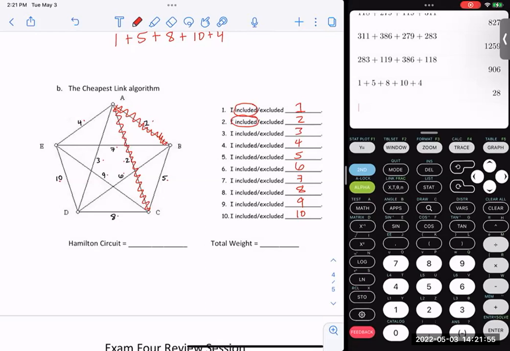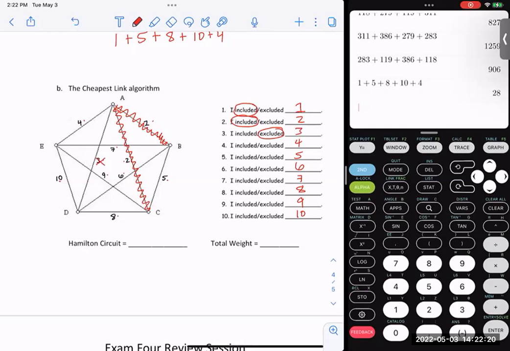All right, so then can I include 3? The same restrictions apply. You can include it as long as you don't create a circuit or create 3 edges out of the same vertex. If I were to include 3, that would give me 3 edges coming out of vertex A. So I cannot include that edge.